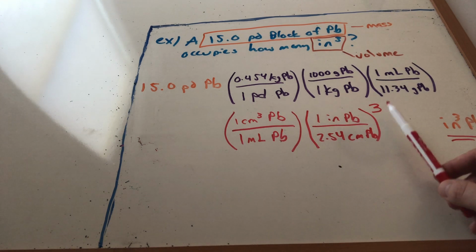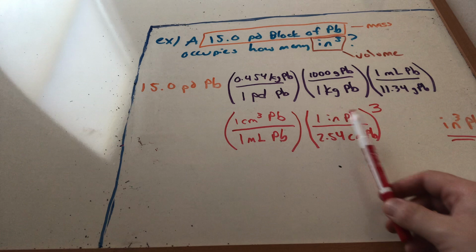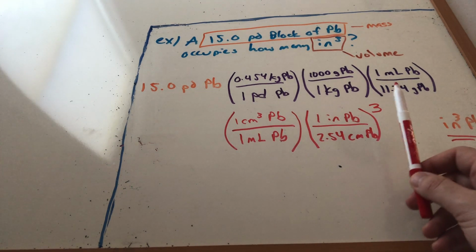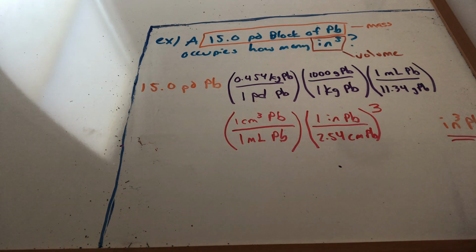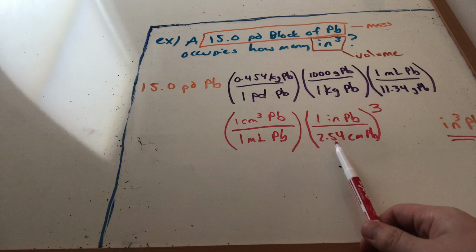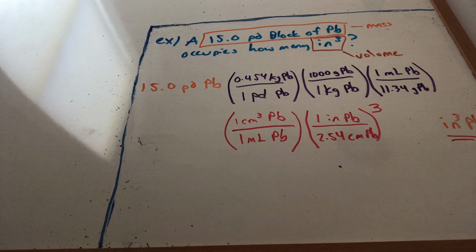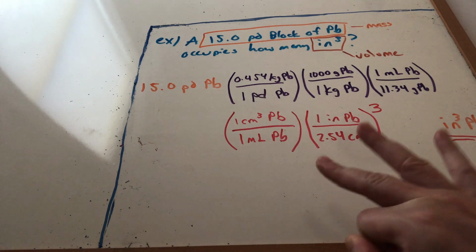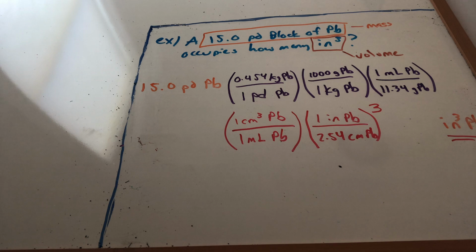I have to get rid of 1, 2, 3 centimeters. I don't want just inches out of my answer. What do I want? I want 1, 2, 3 inches all multiplying each other. I want an inches cubed. Okay. How many times do we divide by 2.54? 3 times. All right. This means we use this conversion factor 3 times, okay?